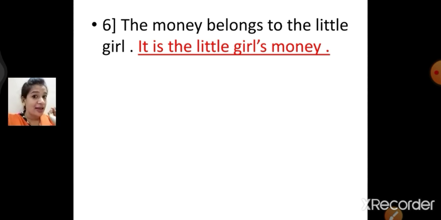Apostrophe S. Not only S. If you write only S, it will become the plural form of girl. So here I am telling about the girl's money. The money belongs to the little girl. It is the little girl's money.